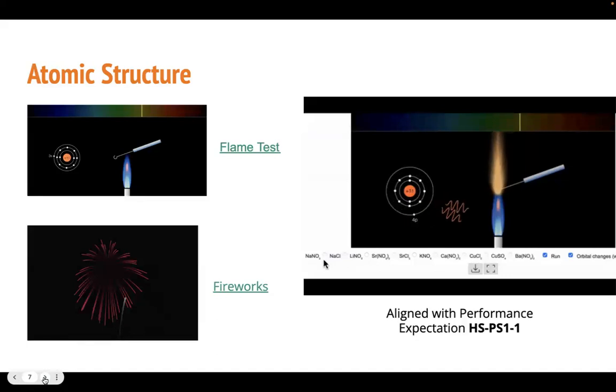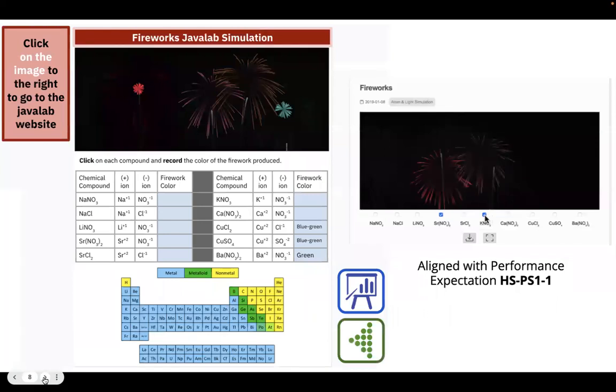That I have. So the fireworks one is great because that is my anchoring phenomenon for, and I think this performance expectation is the same whether you're using NGSS or an NIST list for New York State. So one of the things that I really love about Javalabs is that there's no embedded questions.